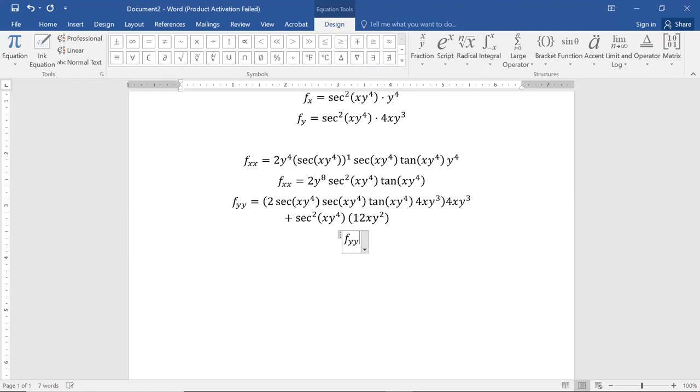F sub y is equal to, well, in this first part, I get 4xy to the third times 4xy to the third times 2. That's 32x squared y to the 6. I have secant times tangent, so secant squared times tangent to the first.